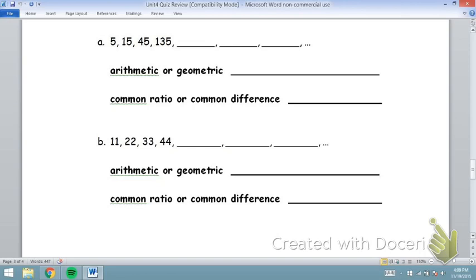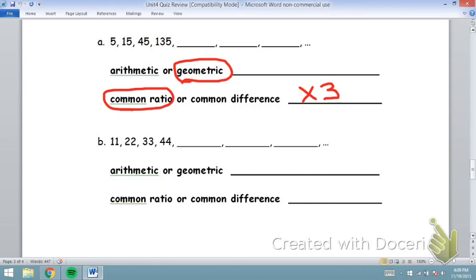Now, since we are multiplying, this is a geometric sequence. And since it's a geometric sequence, we are finding a common ratio. And our common ratio, which again is a fancy 6th grade way of saying the rule, is times 3. You're multiplying each term by 3 to get the next one.